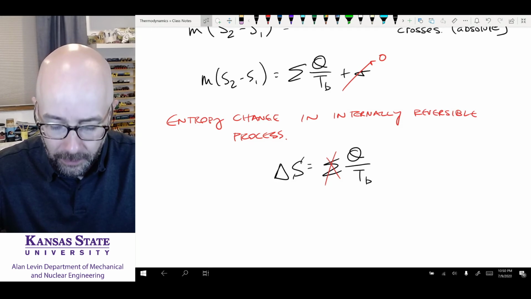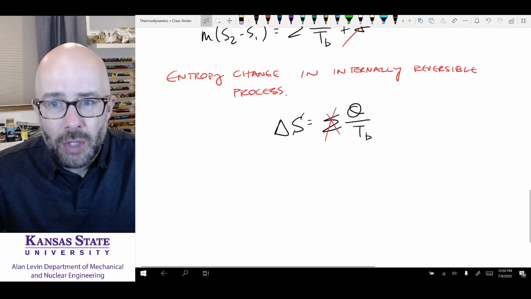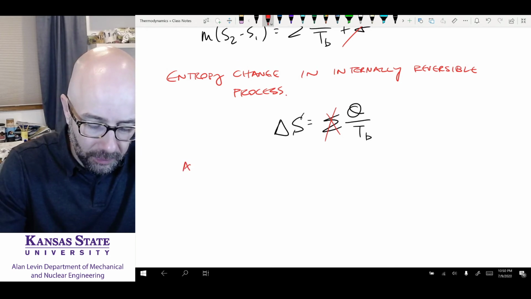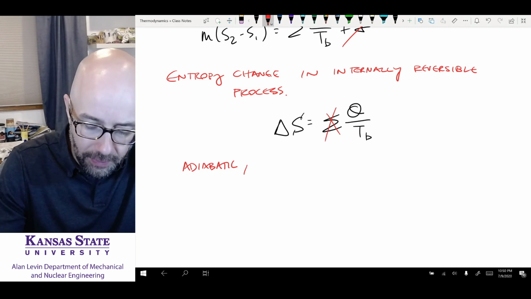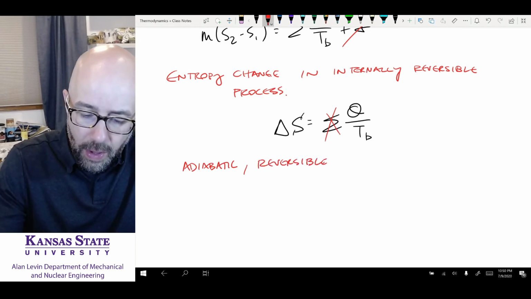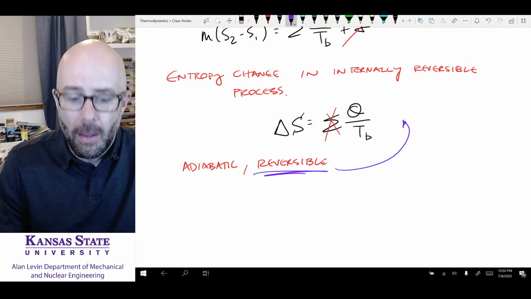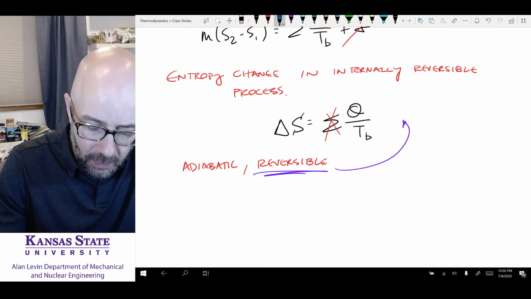Now, notice what would happen here if I would also say the system is adiabatic, and it's reversible. We already dealt with reversible to get to right here. But what if we said it was adiabatic?